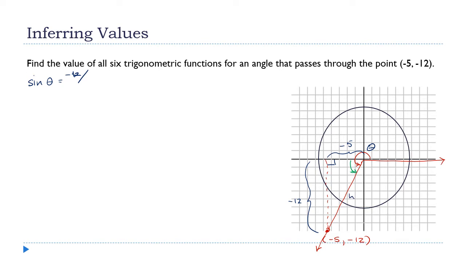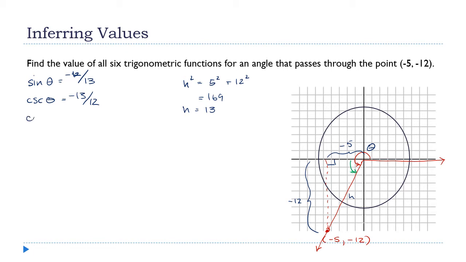Then h squared equals 5 squared plus 12 squared. That's 169, and then we'll take the square root of both sides. h is 13. Good. So sine of theta is -12 over 13, and that means the cosecant of theta is -13 over 12, because it's 1 over the sine.